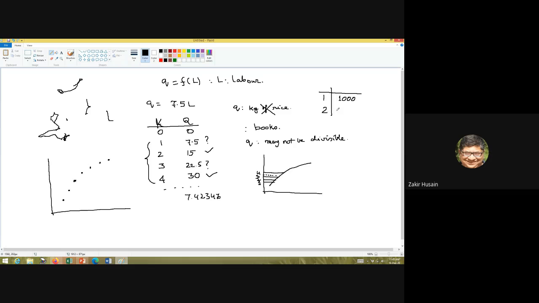If it employs two computers, it should enter 2,000 data. If it employs 2.5 computers, what will be the data entry? 2,500. Yeah. Where can you get half a computer? Nowhere. So it isn't possible.